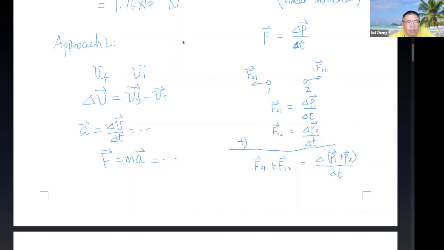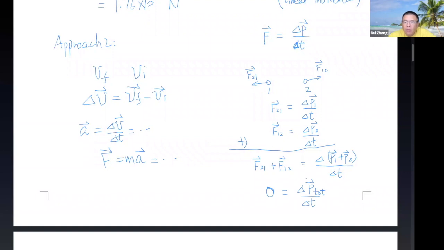If you remember, this is just action and reaction, right? According to Newton's third law, action and reaction are equal in magnitude and opposite in direction. So that means if you add these two forces together, you get 0. So on the left, we have 0 here. This is totally Newton's third law. Now, what is on the right? You can define P1 plus P2 as the total momentum of the system. So you can call it P total.